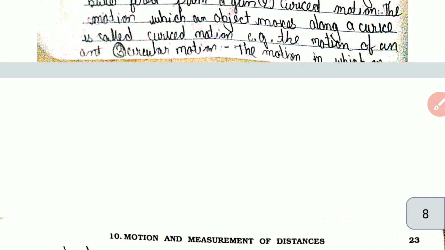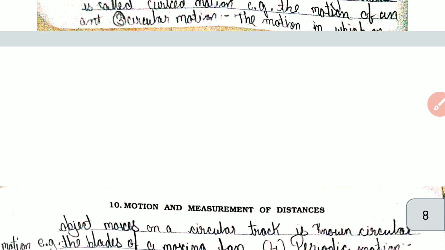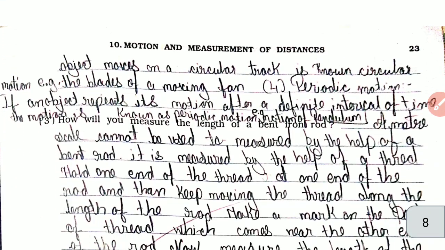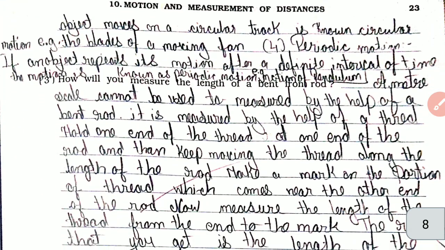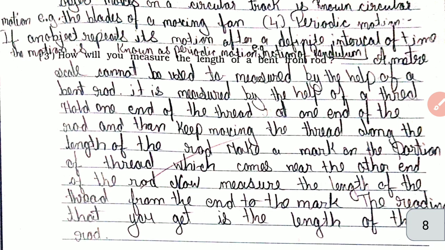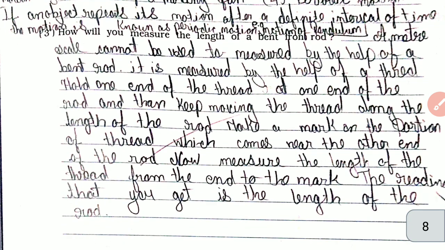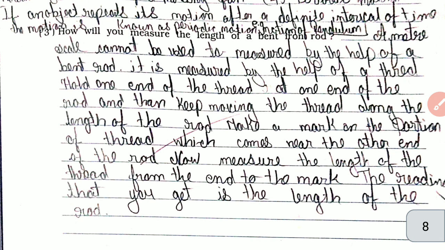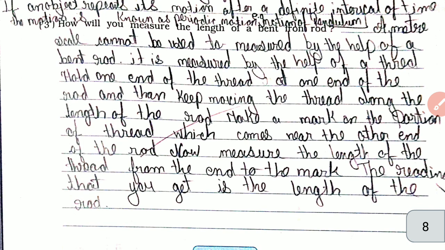Example, the motion of an ant. Third, circular motion: the motion in which the object moves on a circular track is known as circular motion. Example, the blades of a moving fan. 4, periodic motion: if an object repeats its motion after a definite interval of time, the motion is known as periodic motion. Example, motion of a pendulum.